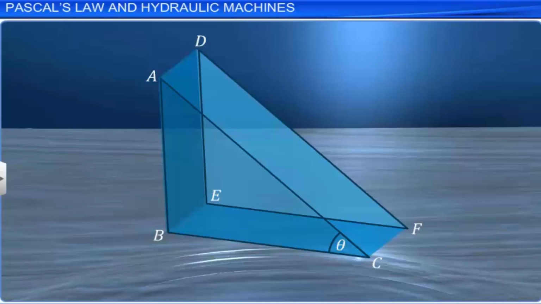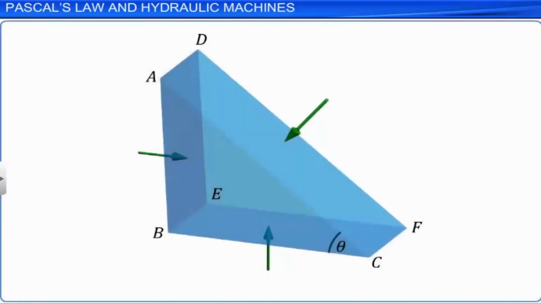We know that the force exerted by the rest of the fluid on the element is normal to the surface. Let Fa, Fb, and Fc be the normal forces acting on the 3 rectangular surfaces of the prismatic element.